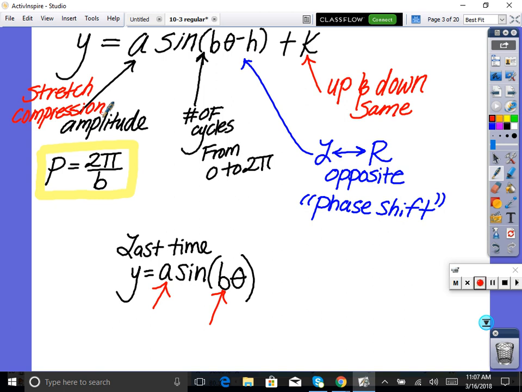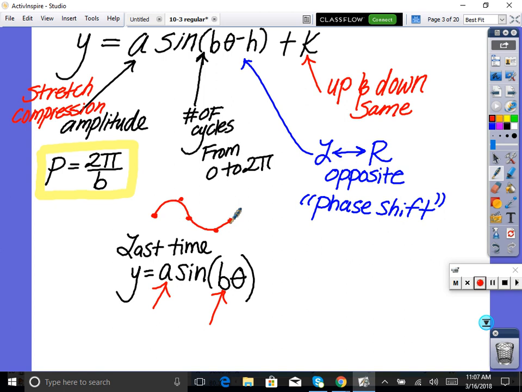B is still the number of cycles from 0 to 2 pi, just like it was before. We still find our period by doing 2 pi divided by b, which is for sine 0, max, 0, min, 0. That's our period, the length of one cycle. There's one cycle. We'll still find that the same. The minus h is your shift left and right. You go opposite. That's also called a phase shift.